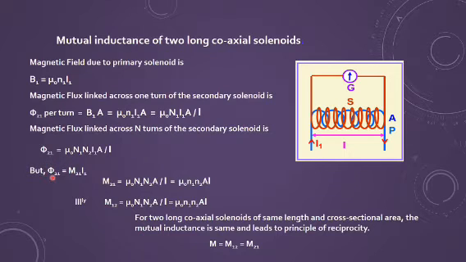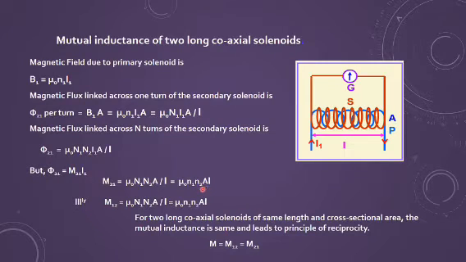Now if you compare both equations, I1 on both sides will get cancelled, and you can write M21 equals mu naught N1 N2 A divided by L. Or if you replace capital N by small n, then M21 equals mu naught small n1 small n2 A L.